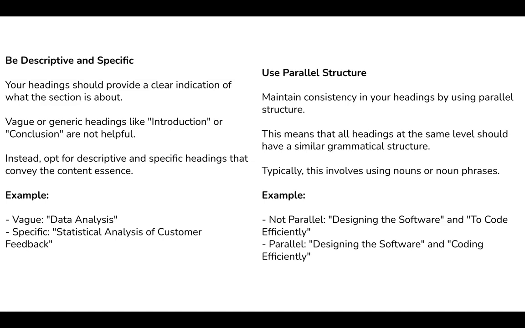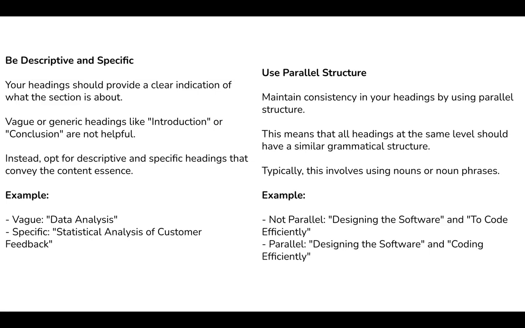So the proper one that is parallel and easy to understand is when you write something like designing the software logically, to present the next thing should be similar, so that you can just write coding efficiently instead of to code efficiently.